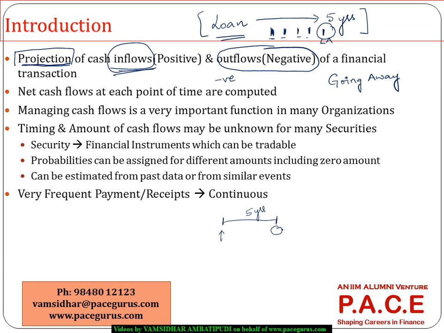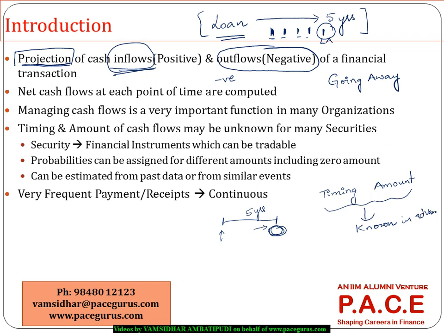So the amount that I will get in future and after what period I will get that money, the timing as well as the amount of the cash flows for the future, are known in advance in some kinds of investments.